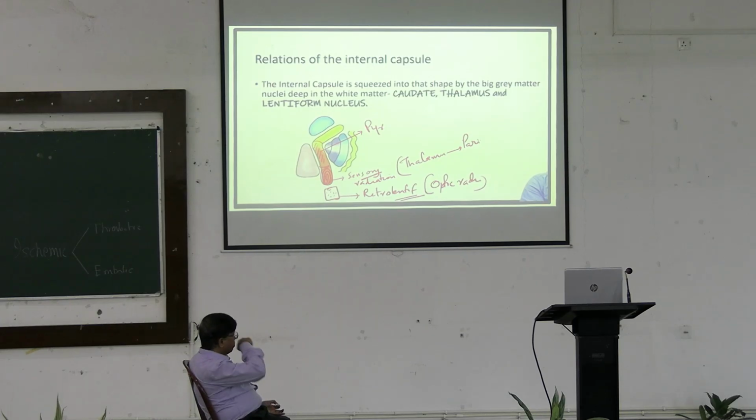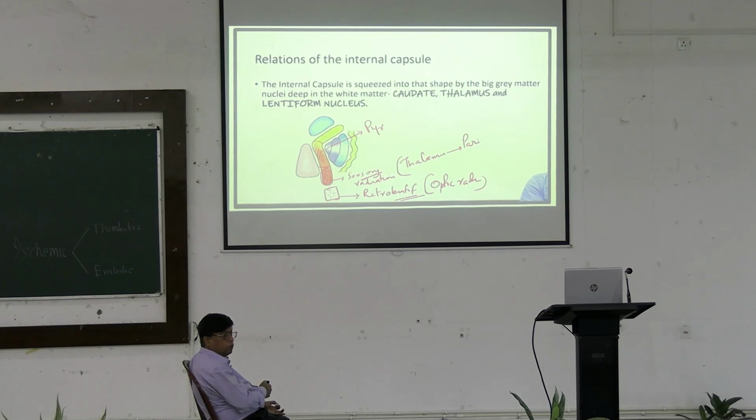I have already told you that in the internal capsule this corner area is called the genu, and after that is the posterior limb. The anterior two-thirds of the posterior limb has the pyramidal tract, but the rest one-third carries the sensory fibers of the thalamoparietal radiation. You know that the thalamus is the higher center for sensation.